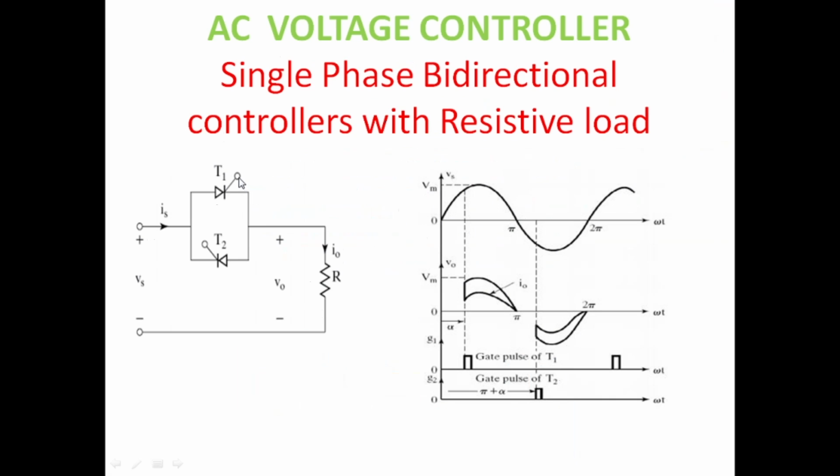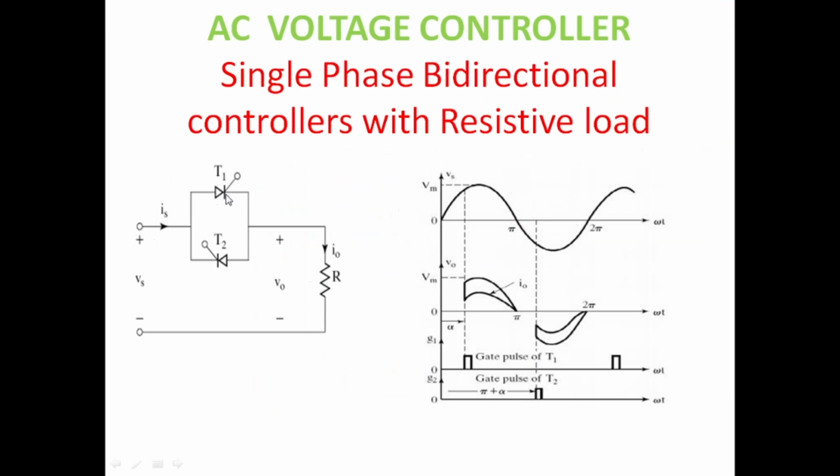If we apply the gate pulse at some firing angle, here the firing angle we have chosen is 60 degrees. We are applying gate pulses to thyristor T1, shown as G1. We need to consider that G1 is a current pulse or a voltage pulse which we are applying to the thyristor T1. We have applied it somewhere here, that's the reason T1 turned on.